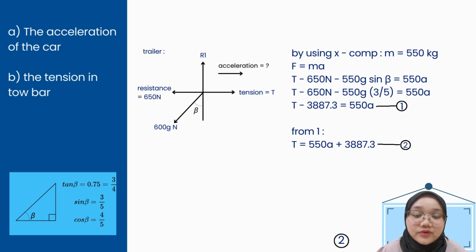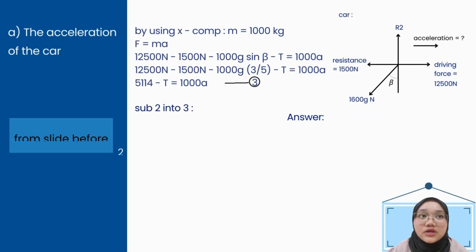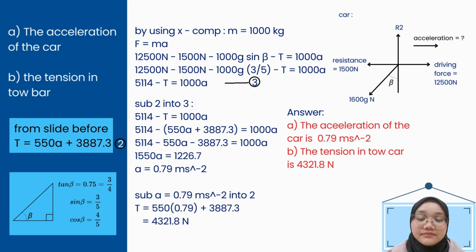And then the first equation we can form is T minus 3,887.3 equals 550A. And then from 1, we can form the second equation, which is T equals 550A plus 3,887.3.